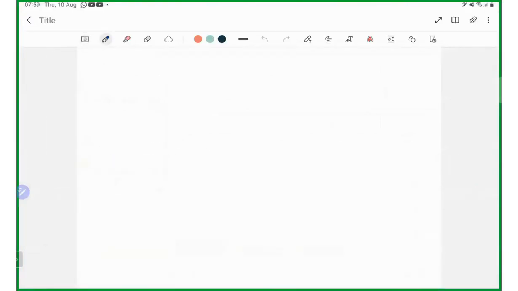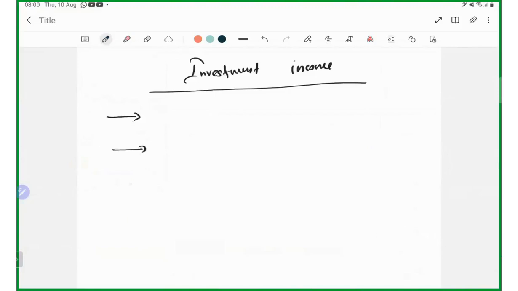Under the investment income, there are some incomes we will discuss. We have already discussed them in your classes, self-study, or whatever way. However, there are basically 3 types of income we need to discuss under investment income. Basically here, I will only take the 3.